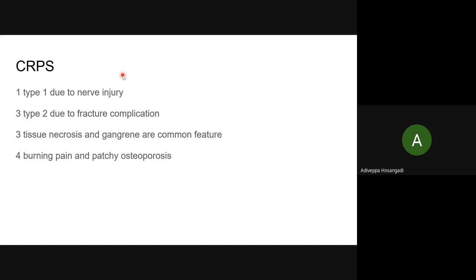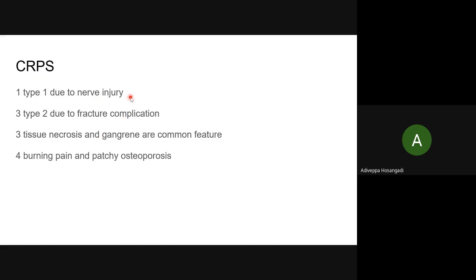Even though our fracture has healed, there is continuous pain. That is a type of causalgia. It is also called complex regional pain syndrome. Burning pain and patchy osteoporosis. Type 1 is a fracture complication. Type 2 is a nerve injury.